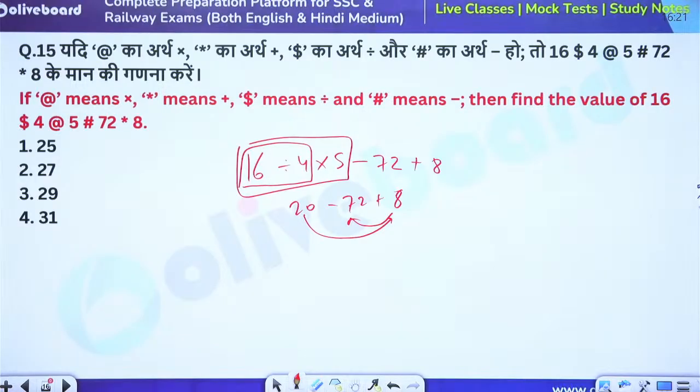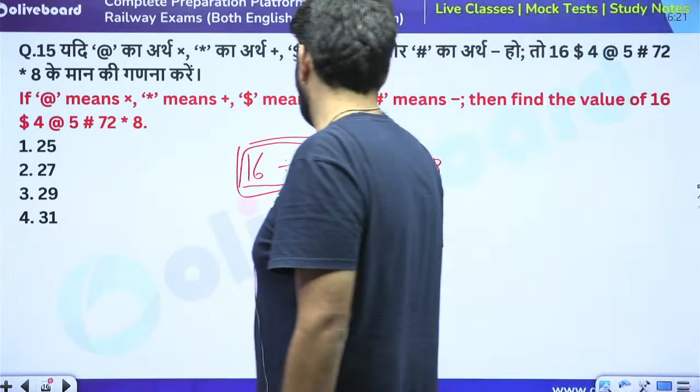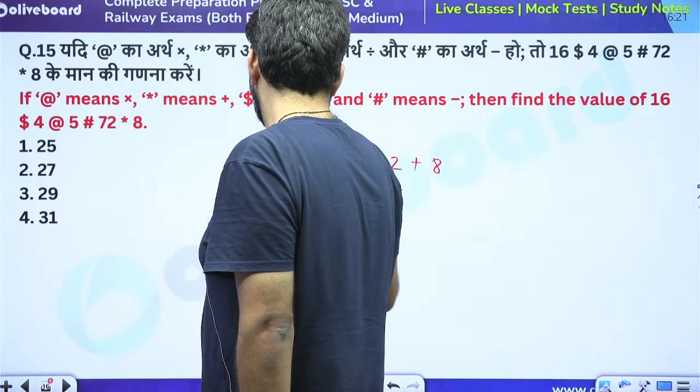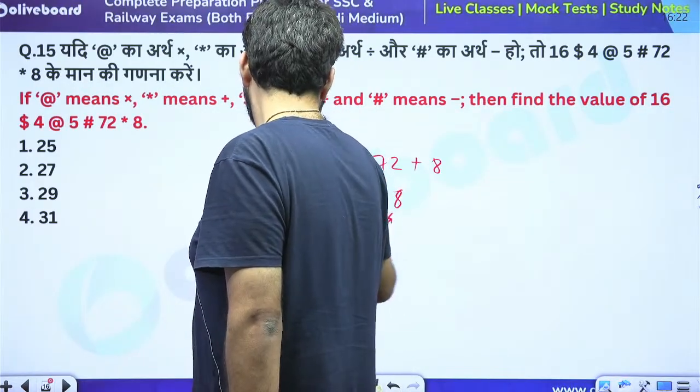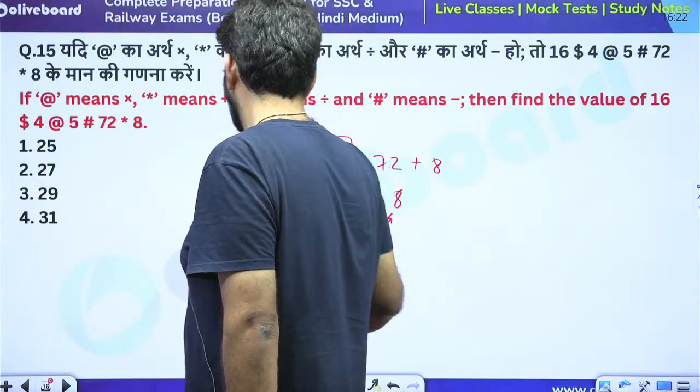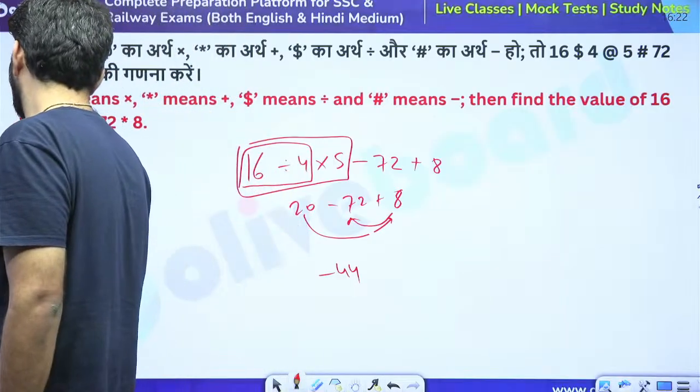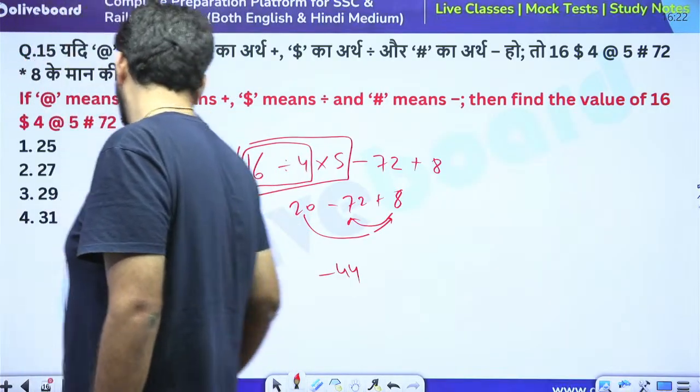And we have written it correctly only, no? 16 by 4 is 4 into 5 is 20 minus 72 plus 8 is 28. 28 minus 72. It's 48, no? Minus 48, I believe, no? No, sorry. Minus 44. Mark the fifth answer as minus 44. Okay.